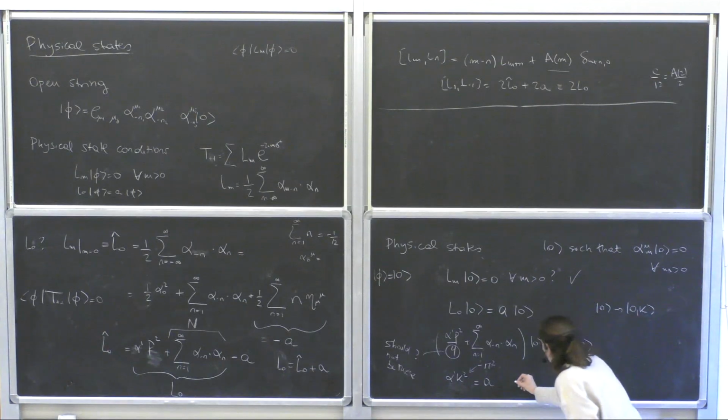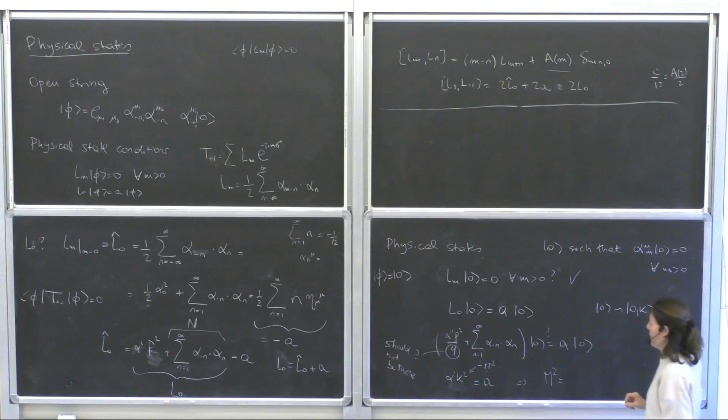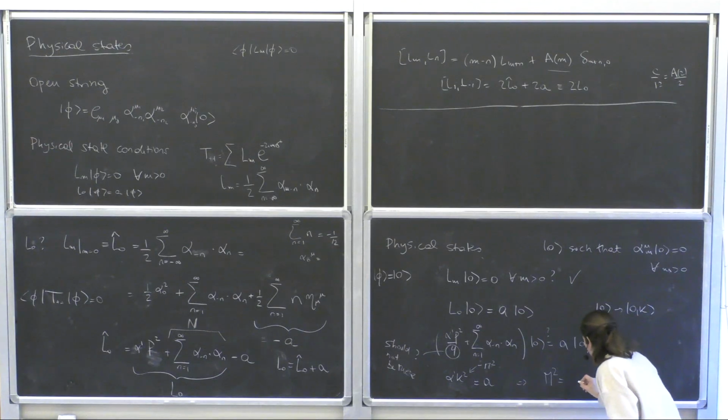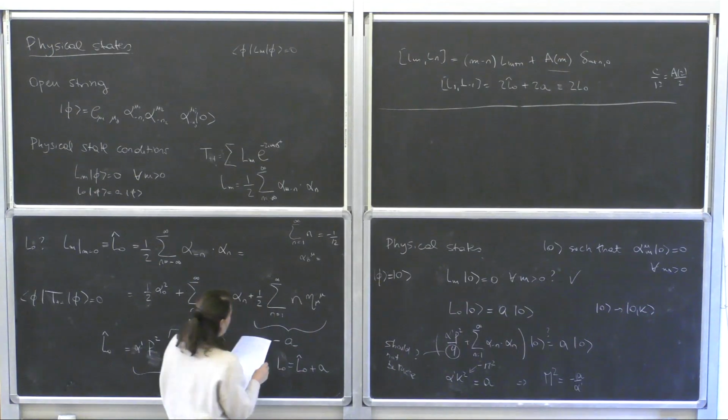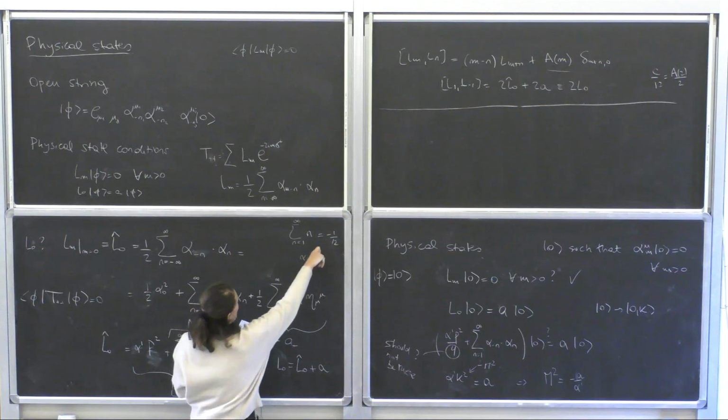So then this is saying that m squared of this state is minus A over alpha prime, 1 over alpha prime times minus A. We said A is positive because of this minus sign and that minus sign.